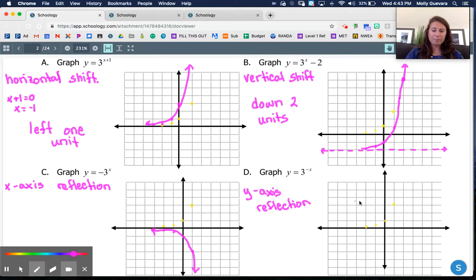Now I'm going to go over the y-axis, so it's going to be over here at +2, then +1, 1/3. The 0, 1 stays, and then -1, 3. And so now the graph is opening to the right.